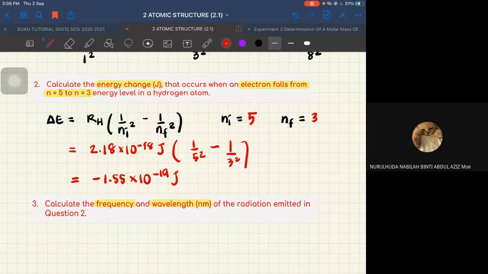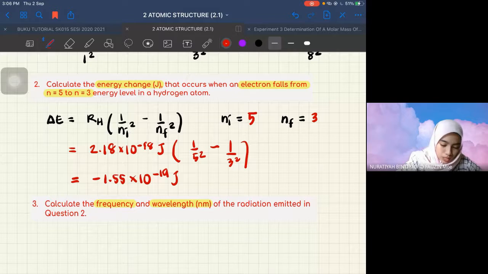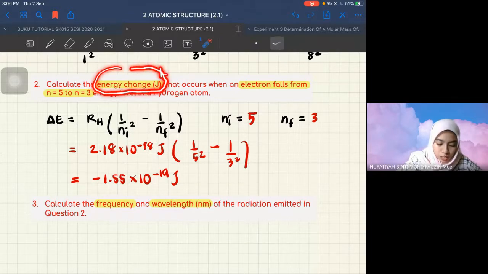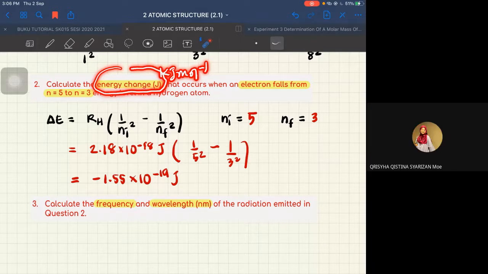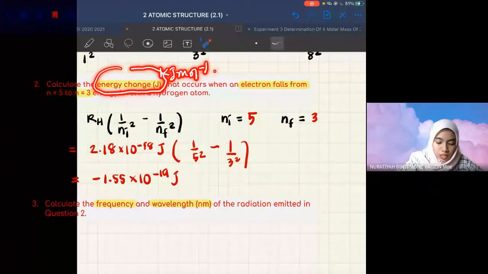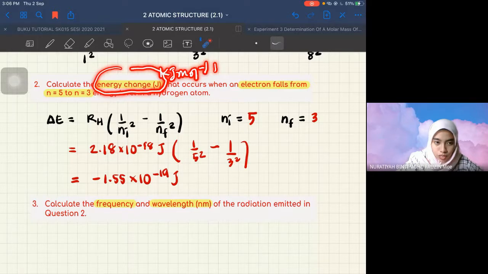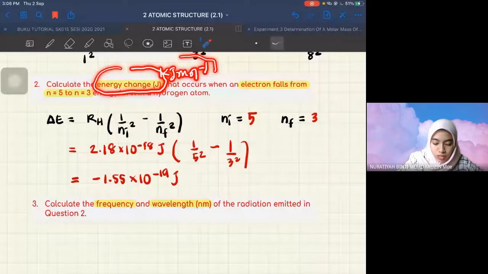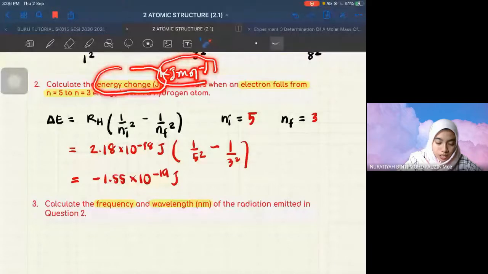Betul. So okay, bagus. So let's say kalau dia kata energy change in kilojoule per mole, so awak kena buat apa? Let's say kalau soalan tu cakap macam tu. Darab jadi nombor 6.02. Kalau dia ask you for in kilojoule per mole, you will times Avogadro constant, N_A.